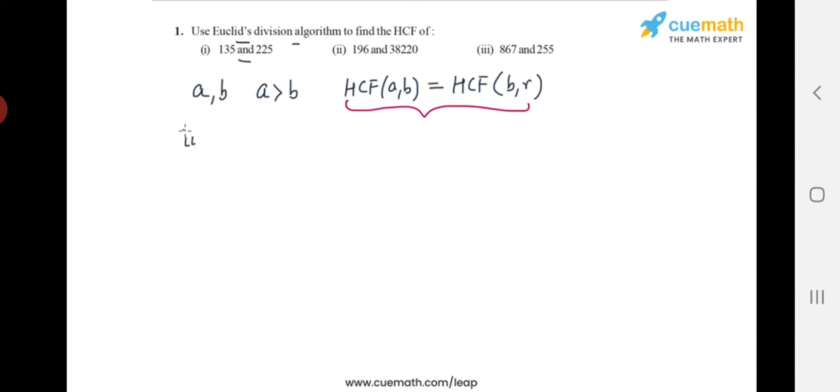Now let's do the second part. In the second part, we have to find the HCF of 196 and 38,220. To apply Euclid's division lemma to this pair of numbers, we will have to find the remainder when 38,220 is divided by 196. To do that, let's use long division.